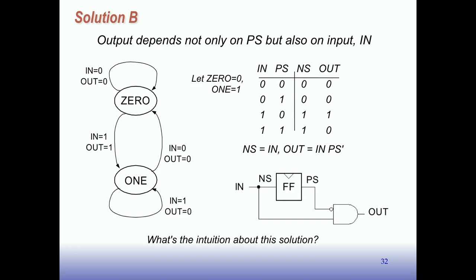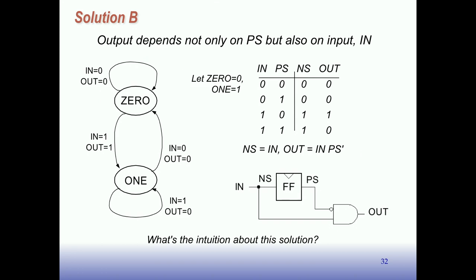But I'll show you in a minute, it has different timing behavior. So there's some intuition about the circuit, by the way. Remember, what we're doing is we're trying to detect an edge, right? So you can explain the circuit intuitively by, see, when you put a signal through a flip-flop, it delays the signal by 1 cycle.